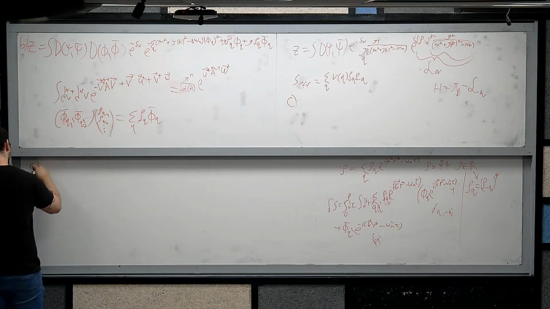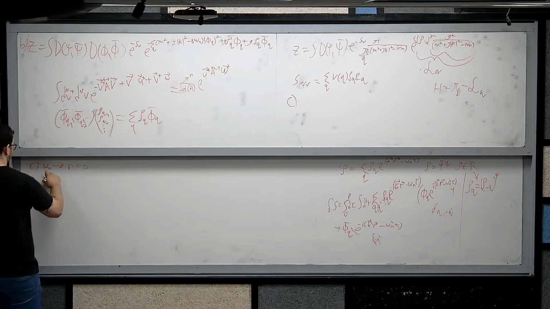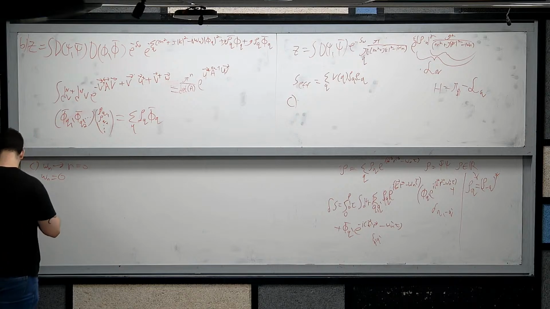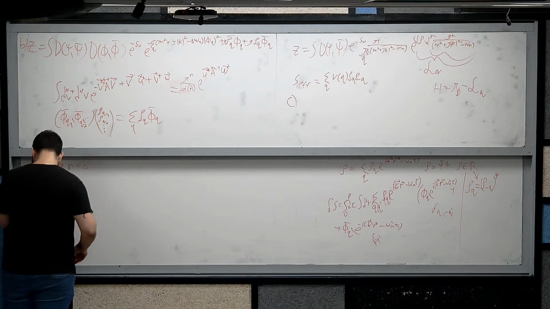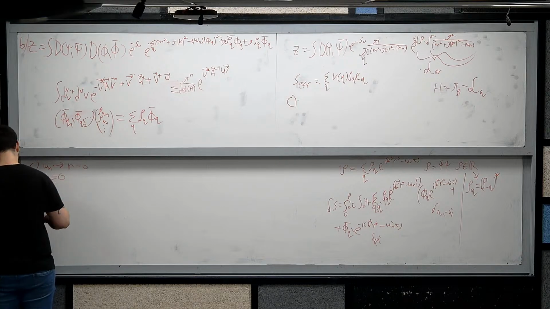In part C, they tell us omega n equals 0 for everything. And they also say t equals 1.